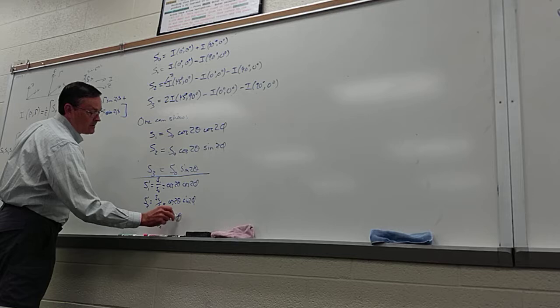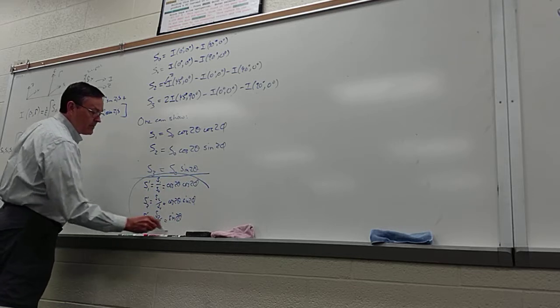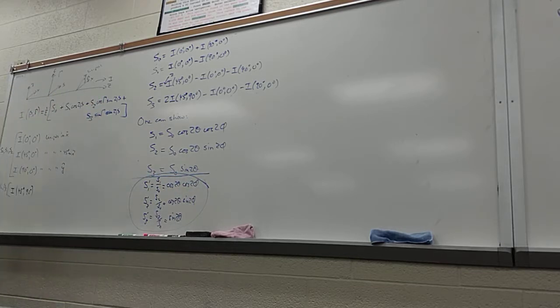Now, does that ring a bell? Yeah, it looks like spherical coordinates, except not quite because of this. But these are exactly the coordinates we used for the Poincare sphere.